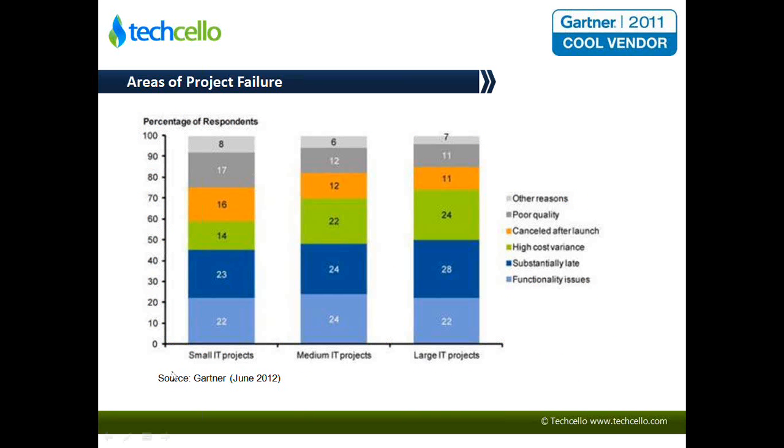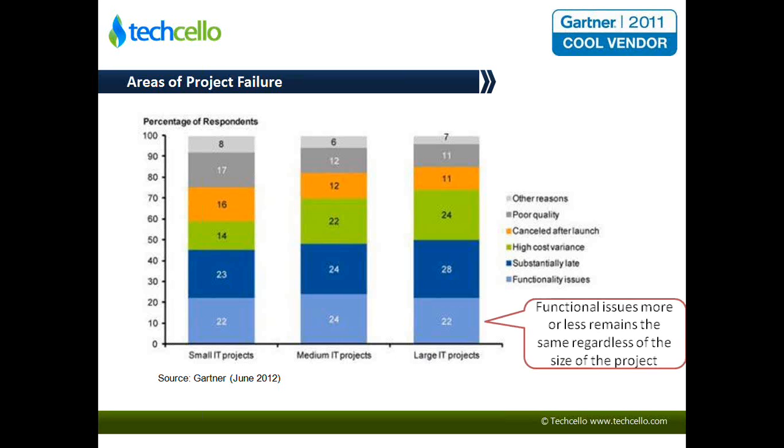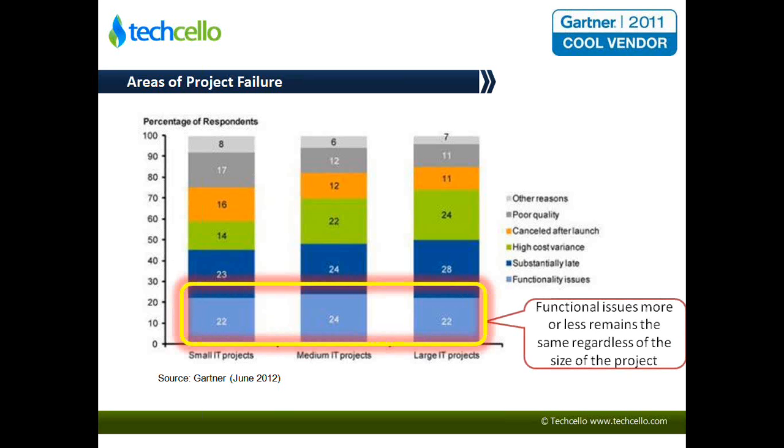This slide throws a nice picture given by Gartner, which gives an idea on the percentage of issues or the causes for project failure. If you notice, the bottom stack, which represents the functionality issues, more or less remains the same regardless of the size of your project.